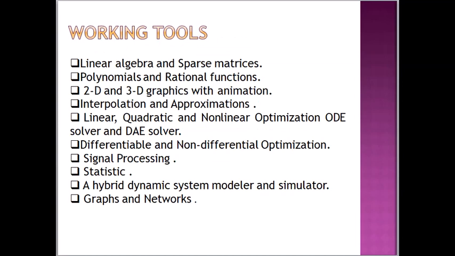In this software we can solve linear algebra, sparse matrices, polynomials, 2D and 3D graphics with animation, interpolation, extrapolation and approximation, linear, quadratic, nonlinear optimization, ordinary differential equation solver and DAE solver, differentiable and non-differentiable optimization, signal processing, statistics and graphics, and networking.